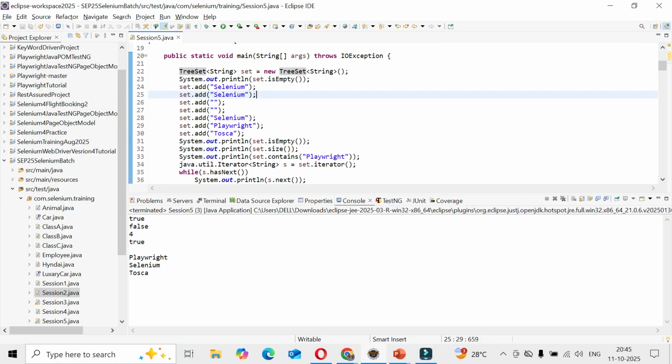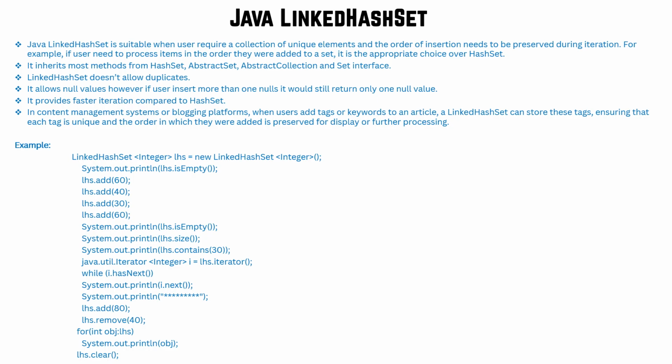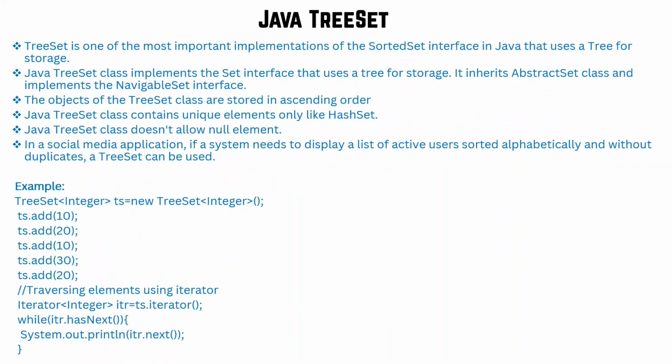Unique elements, but it is automatically displayed in alphabetical order. So the main difference is that it is mostly the same as hash set and linked hash set, but it will give you the order as ascending order. It will be ordered, sorted.